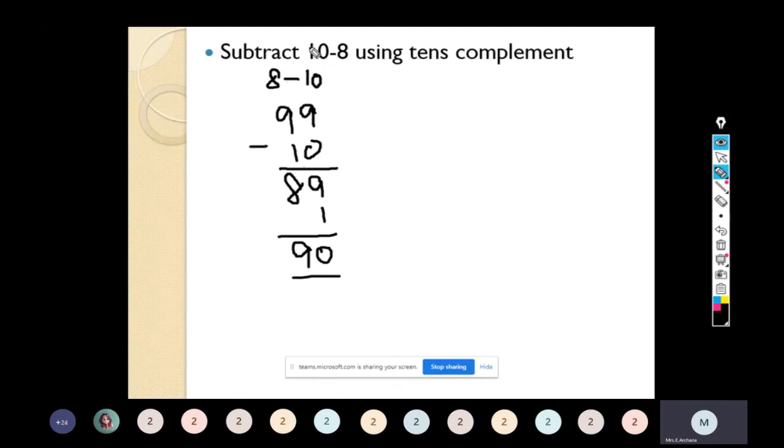So 99 is going to get subtracted by 10. We will get the result 89. It is going to get added with 1. We will get the answer as 90, right?